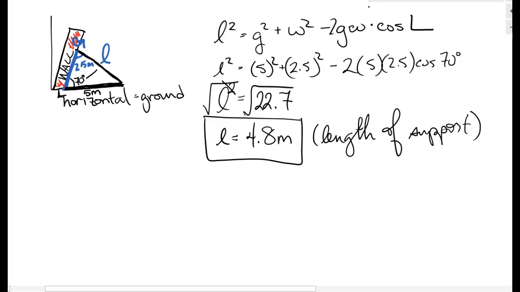Even though it's still plug and chug, it's a lot more steps, and there's a lot more places where we can mess up. So I like using the little bit more simple, little bit less error-prone method in order to solve. So I'm going to solve for G by using my opposite, which is 5, and then I'm going to use my 70 and my L.